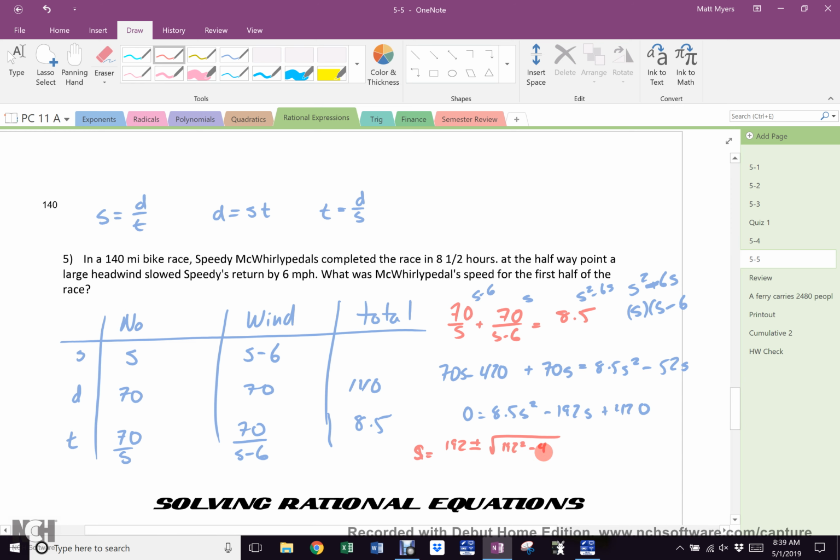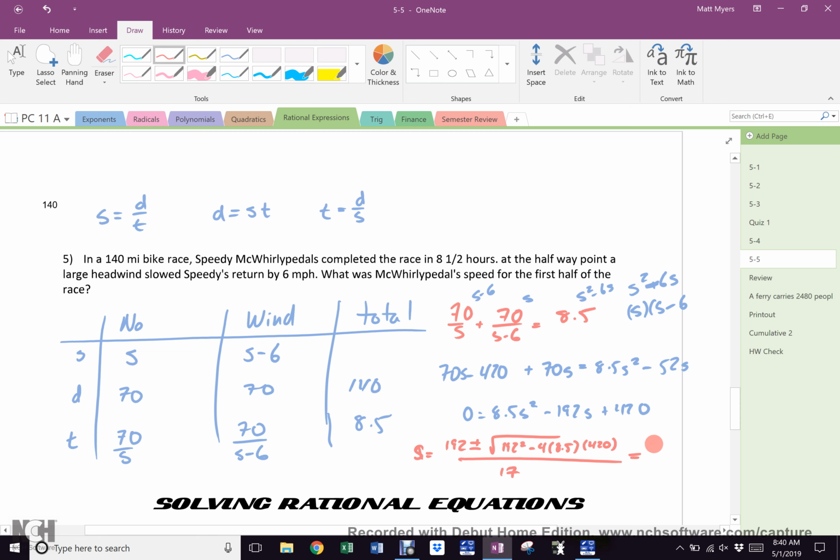192 squared minus 4 times 8.5 times 420. And what do you get? Over 17, right?